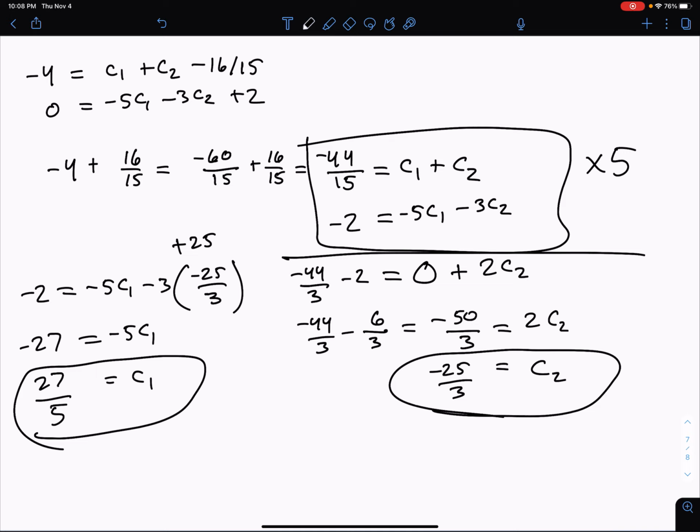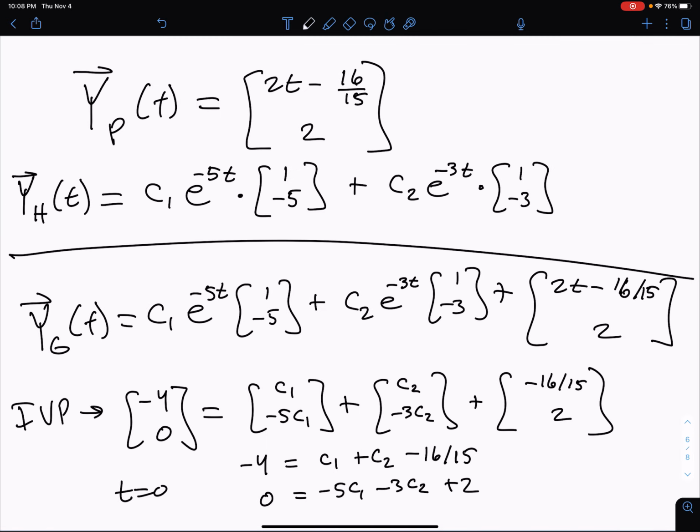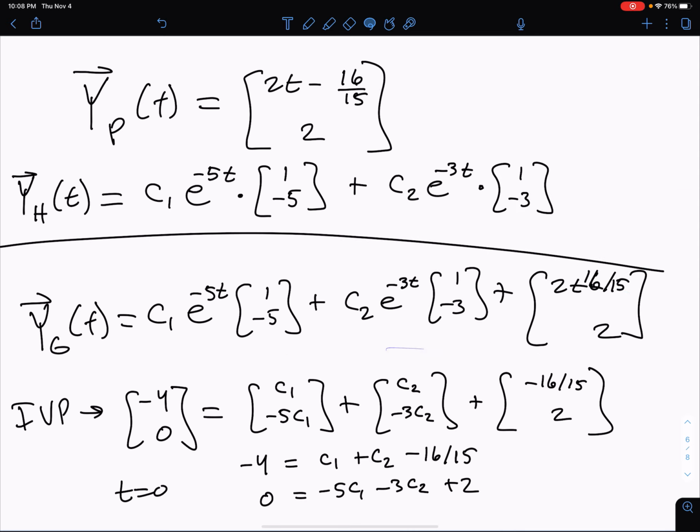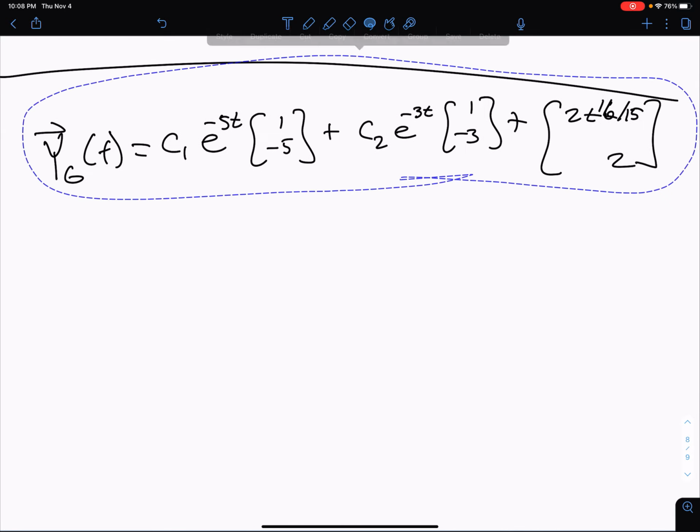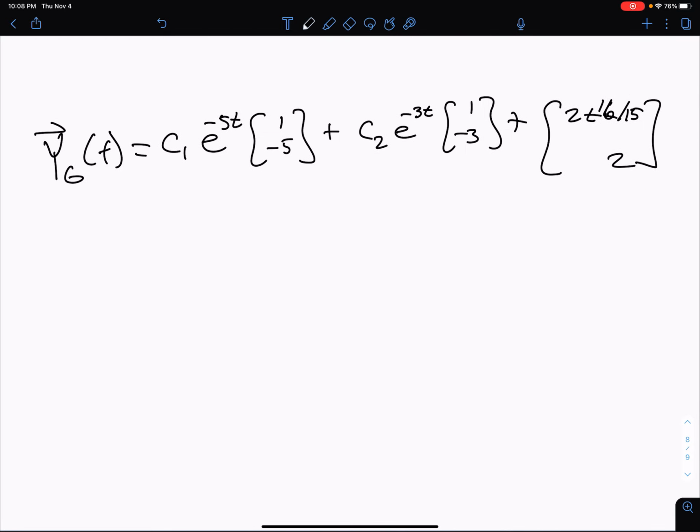Okay, so there's C1 and C2, and so I could go back to my general solution. I could copy it here if I can. Oh, the struggle is real. If I copy it here, I can paste it onto a fresh page and clear out the trash here.